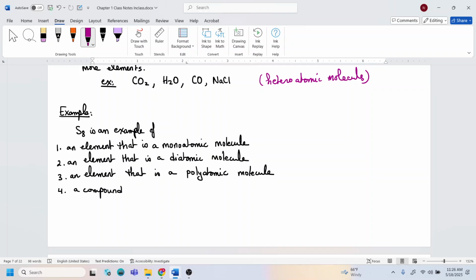It is not a compound, it is an element, because it only constitutes the sulfur element. Although we have 8 sulfurs, so this is going to be an element that is polyatomic. It is polyatomic because of the number of sulfur atoms in there, which is more than 3. So this is why we call it a polyatomic molecule.